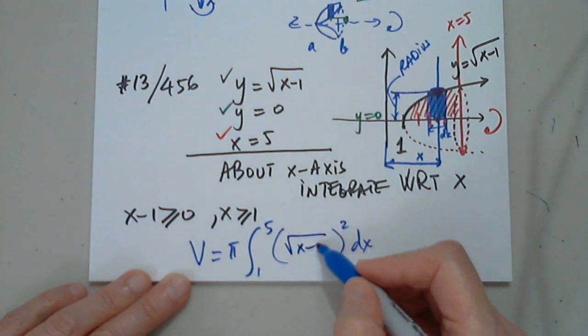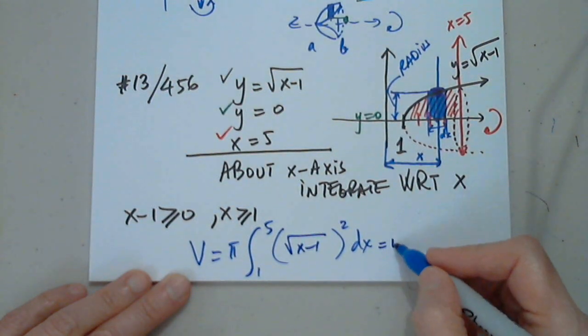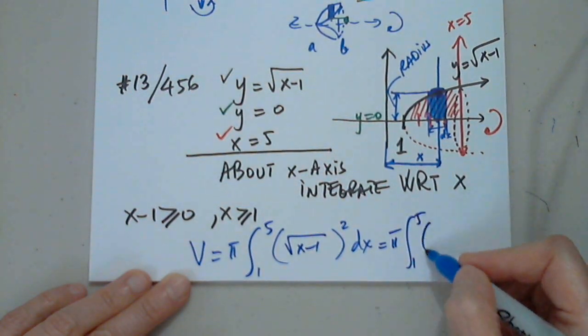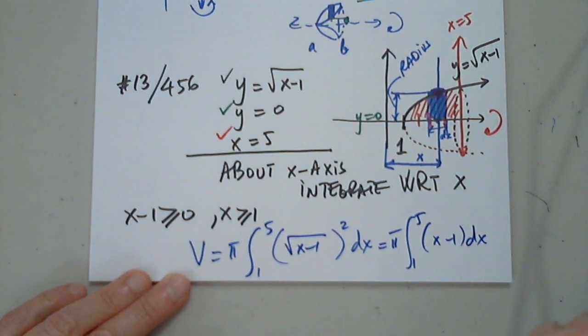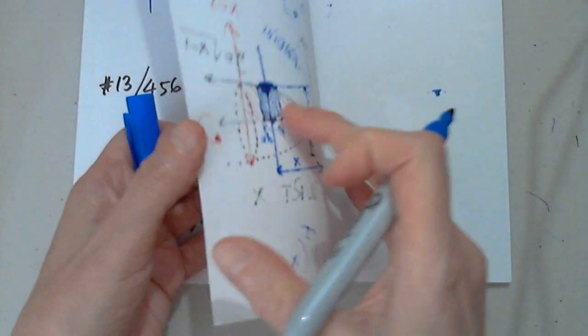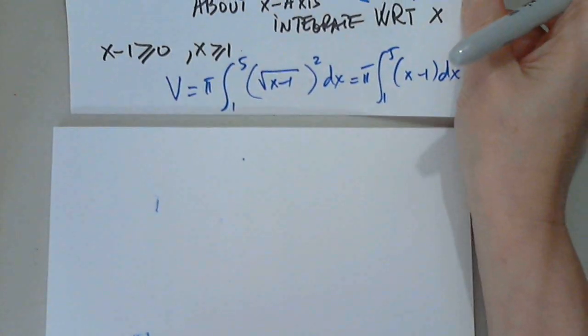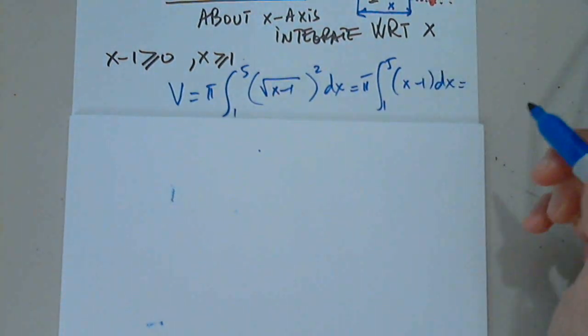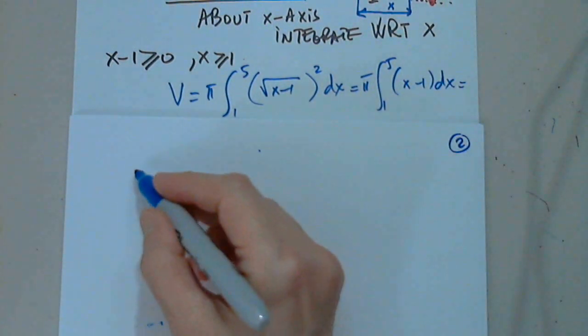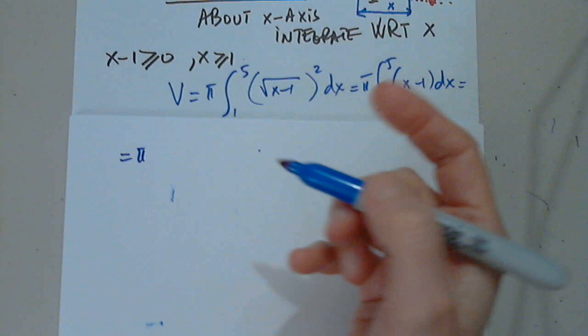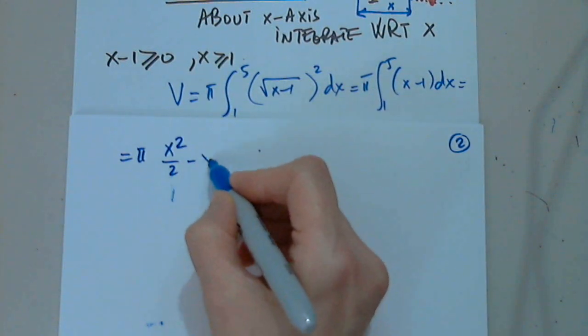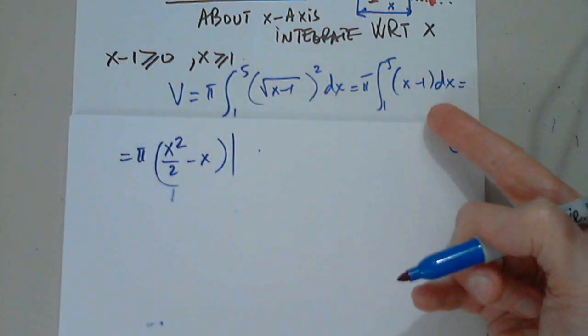It's the square root of x minus 1, squared. Pi, the integral from 1 to 5, of x minus 1 dx. After you square, because it's pi, r squared times dx. Moving on. Let's continue. So therefore, pi times x squared over 2 minus x, from 1 to 5.